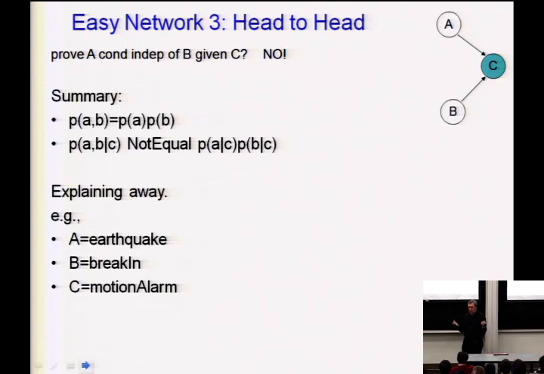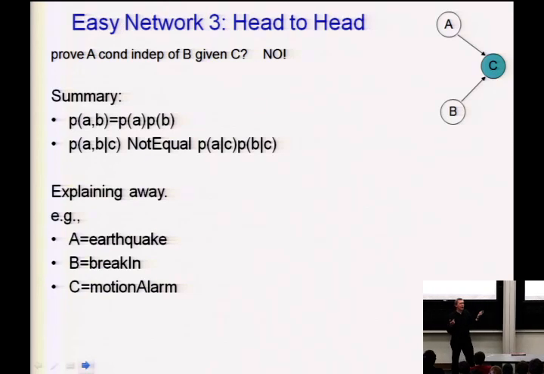However, I don't think earthquakes are any more likely given that there's a break-in, and vice versa. So it's reasonable to say that earthquake and break-in are marginally independent. Knowing whether there's a break-in doesn't change the probability of there being an earthquake.